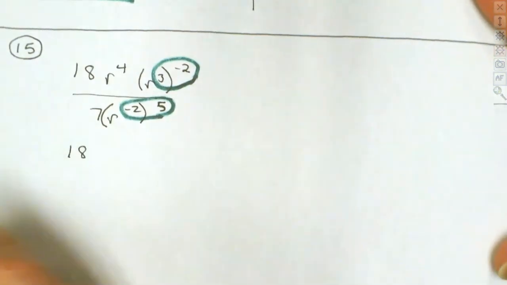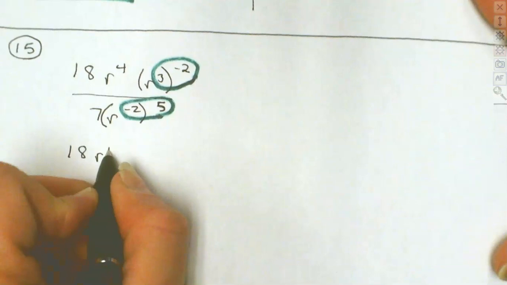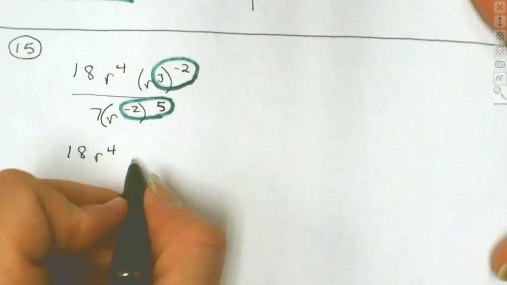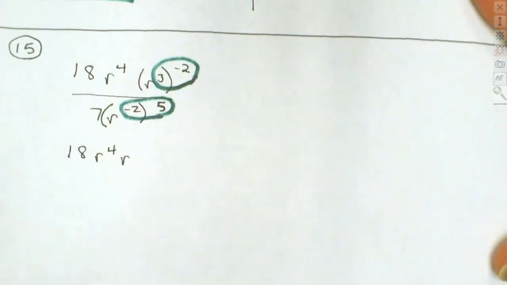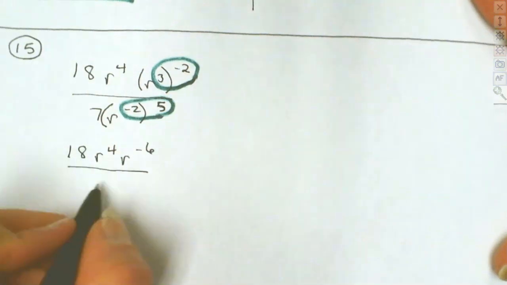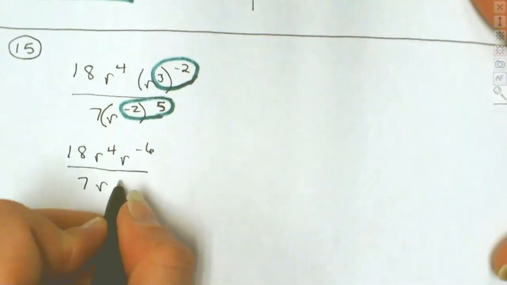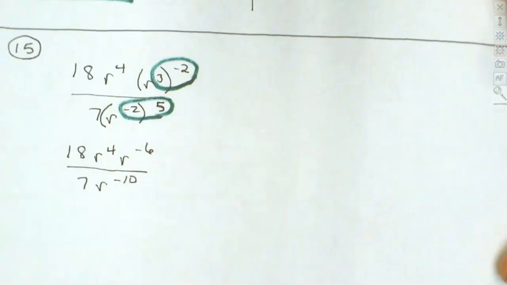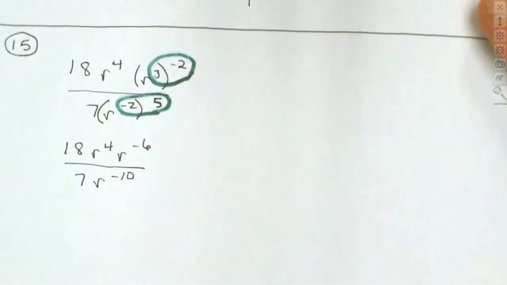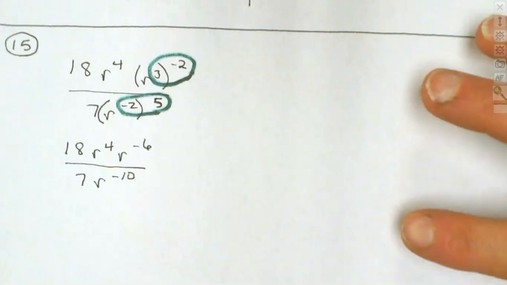So now we've got 18 r to the fourth, r to the negative sixth power over 7 r to the negative 10th power. So all we did there was just multiply with those parentheses. And you can do this all in one step if you want.